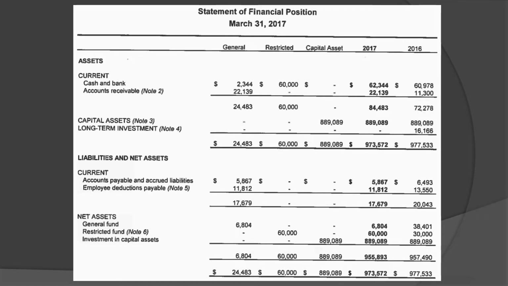Here's another example of a nonprofit. Pretty simple, but here you can see they have the general fund, a restricted fund, and a capital asset fund. And this statement of financial position, as this one does, generally shows a couple of years, at least the current and the previous year.